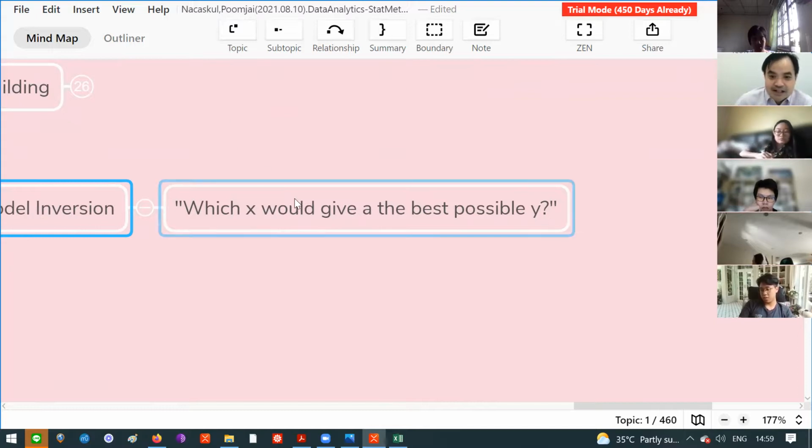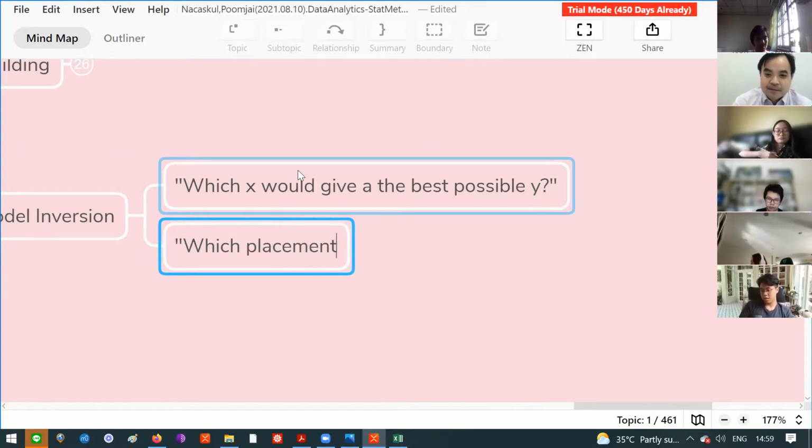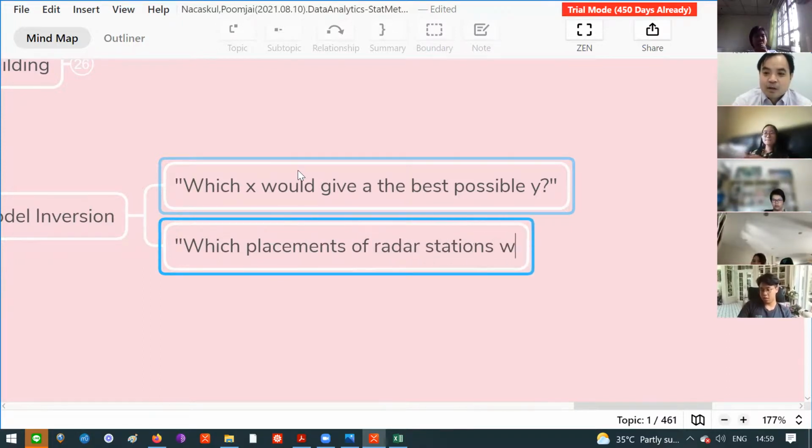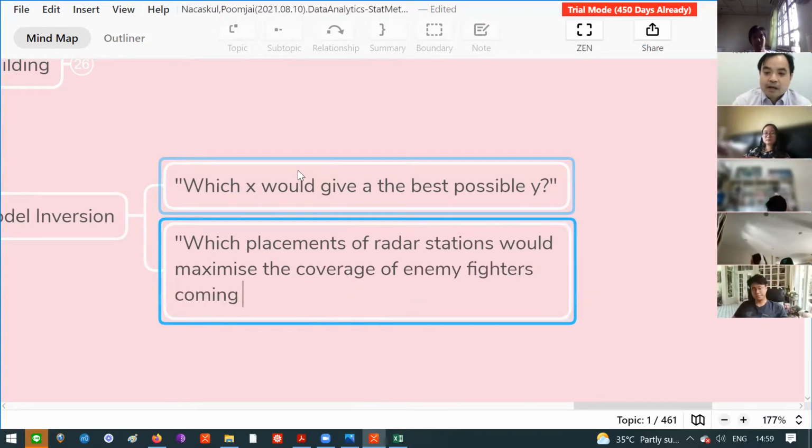So, which placement of radar station would maximize the coverage of enemy fighters coming over the English Channel?